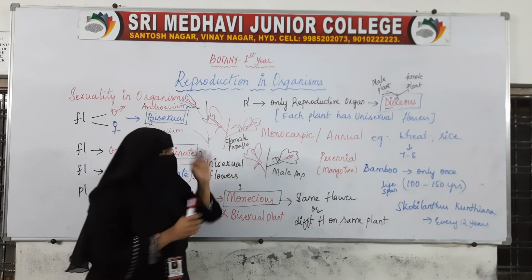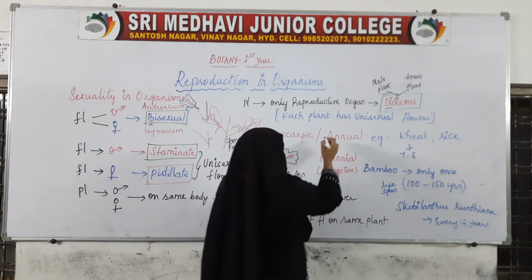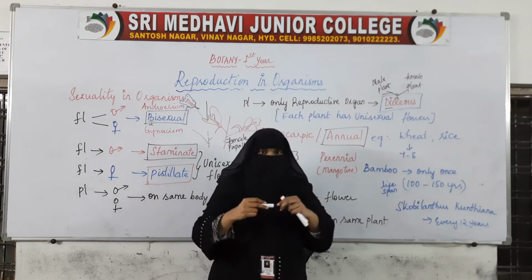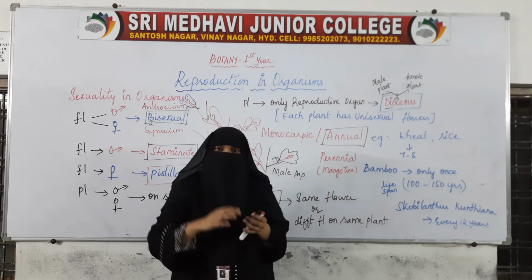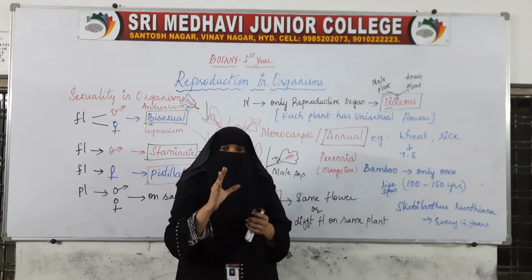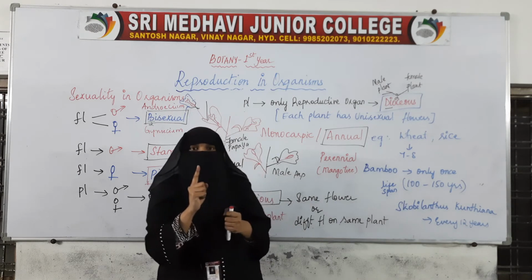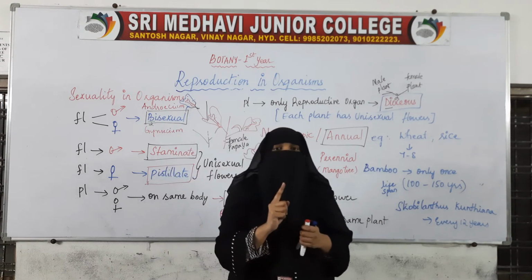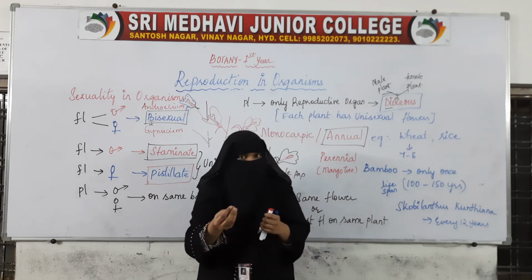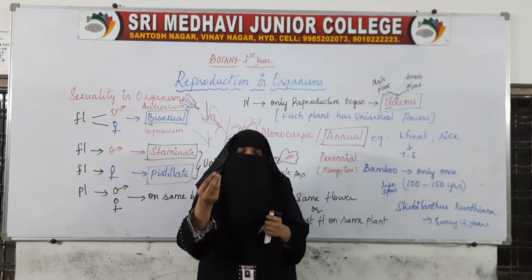Okay. Now another word is there, that is annual plants. What are annual plants? Annual means every year. A plant whose lifespan is only 1 year. Within 1 year, a new seed is sown, a plant will come out, it will grow, it will reproduce.